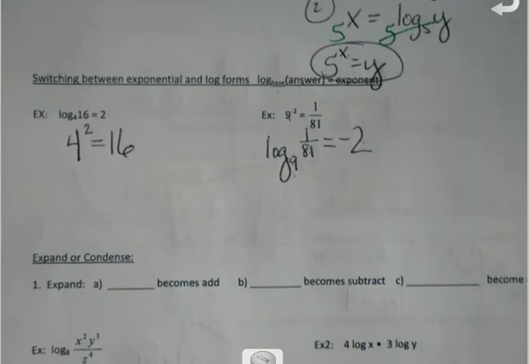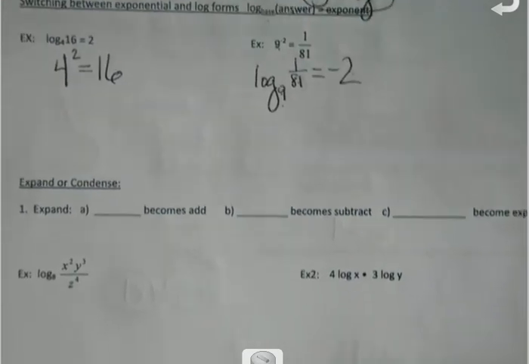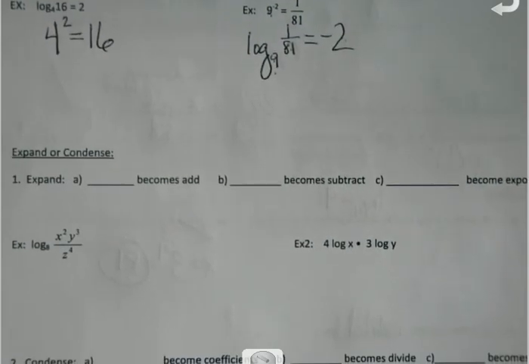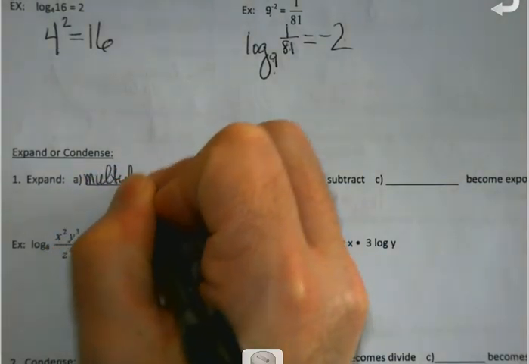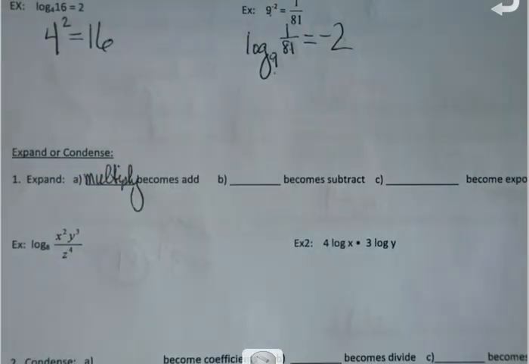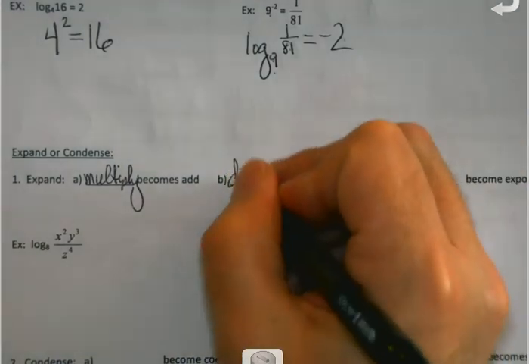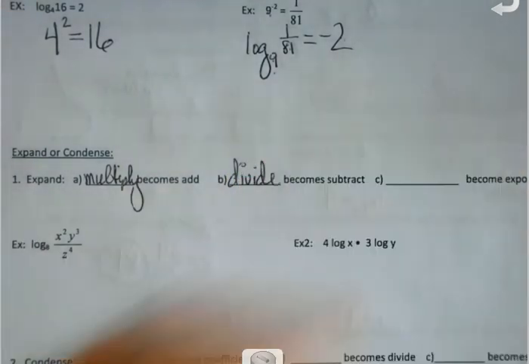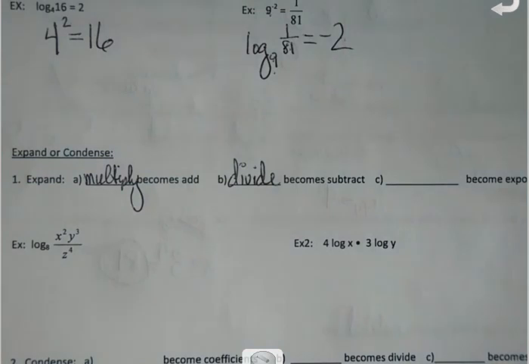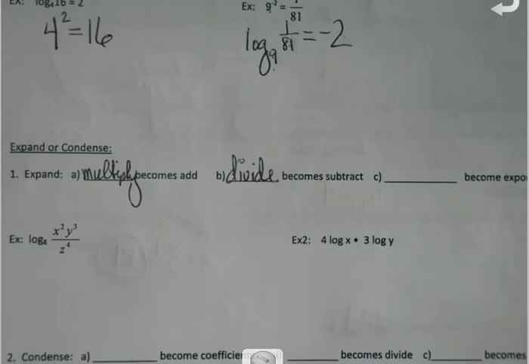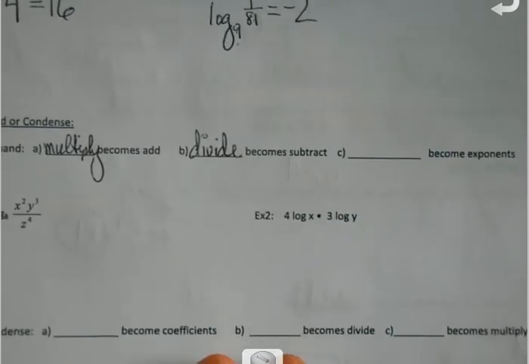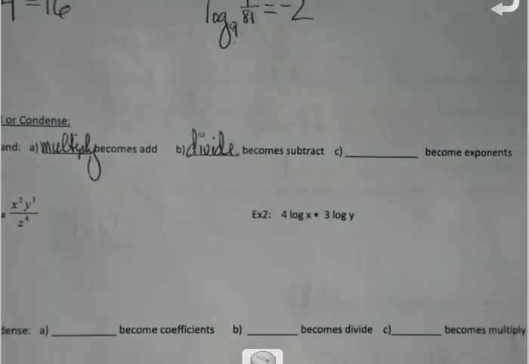And then the last thing we did with our logarithms was expanding and condensing. Okay, so when we expand, multiply becomes add. Divide becomes subtract. And then one more switch here we've got to make. I flipped my 2 things around, and I didn't notice this until this morning.